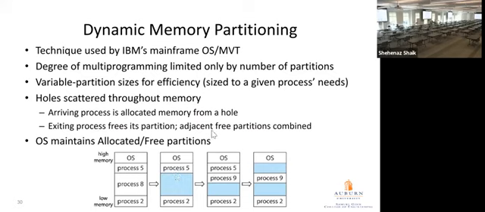And if we have adjacent free partitions, then they can be combined rather than strictly defining the partition boundaries. We simply combine them and consider it as free memory capacity to be allocated to any arriving future process.